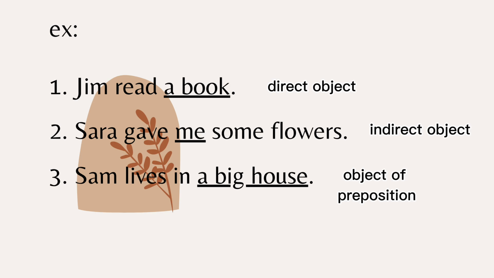It answers the question to whom or for whom. Object of a preposition: this follows a preposition like in, of, to, for, etc. It specifies where, when, how, or to whom the preposition refers.